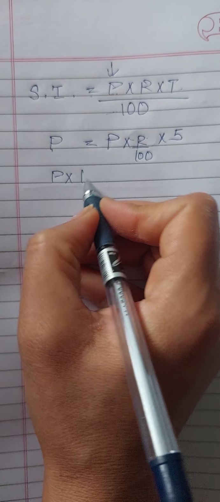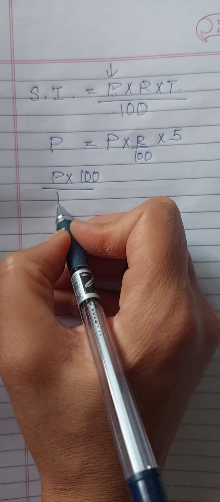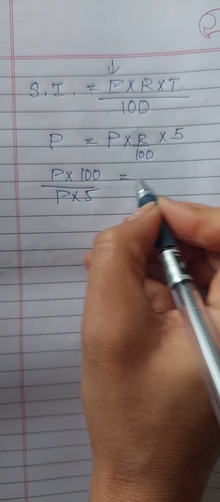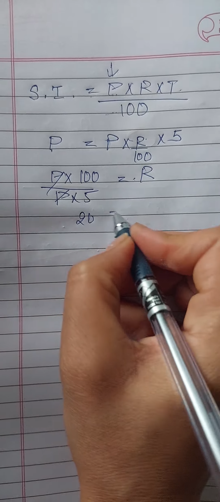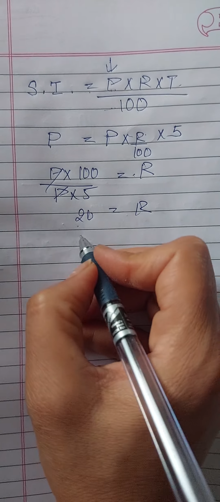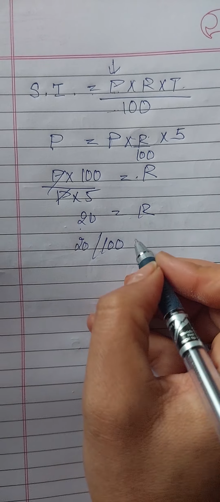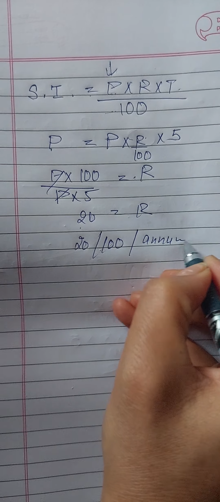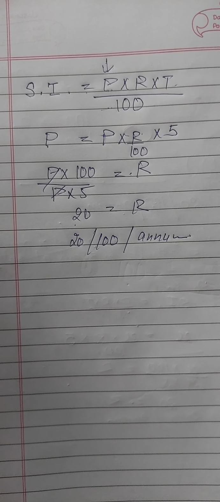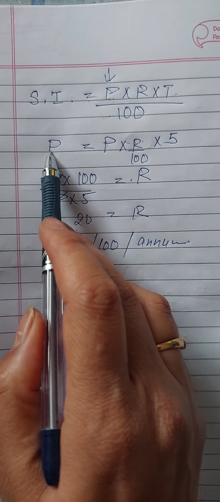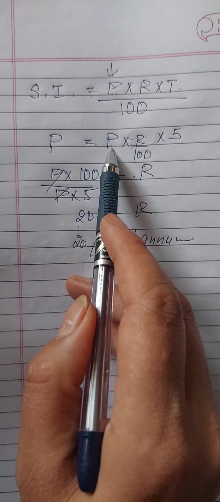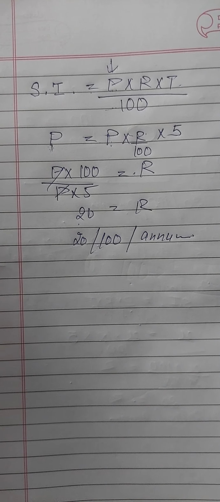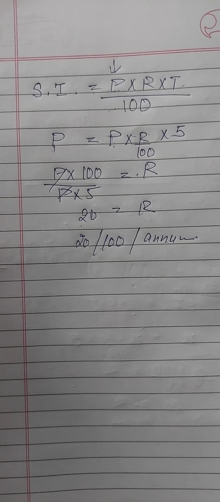If you solve it, you'll get the value of R as 20. So the rate of interest is 20% per annum. This is how you can solve it algebraically. Why do we say this has been solved algebraically? Because the interest was not given and the invested amount was not given; we let it be P, and we solved the algebraic equation.